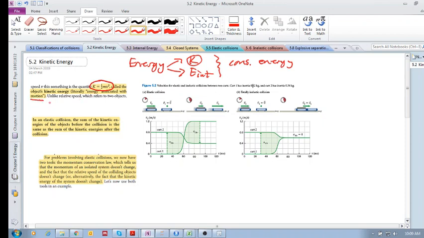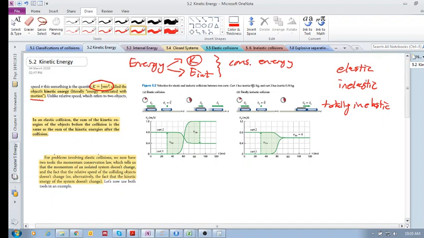Okay, so let's focus first on, well, in the previous video we saw that we had three types of collisions. We had an elastic collision, we had an inelastic collision, and we had a totally inelastic collision. For an elastic collision, we saw that the relative speeds before and after collision were the same.